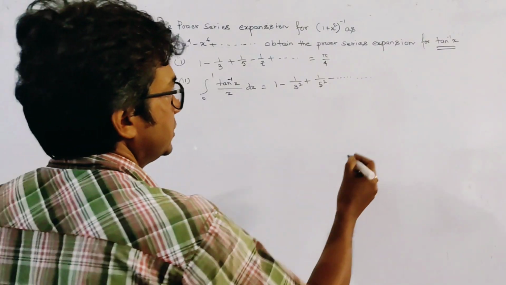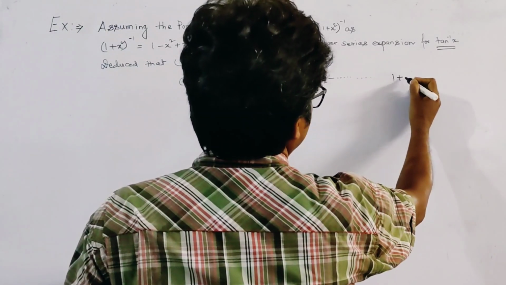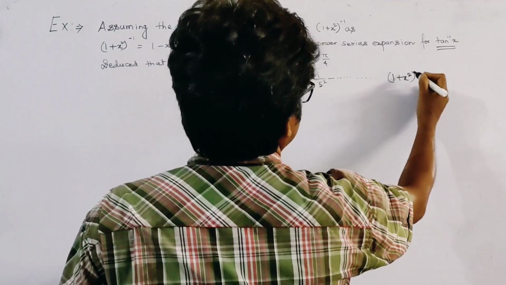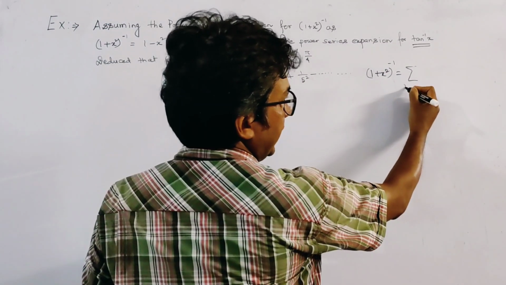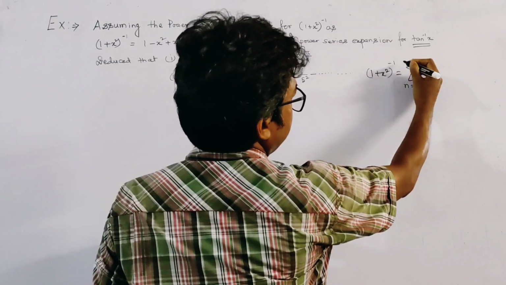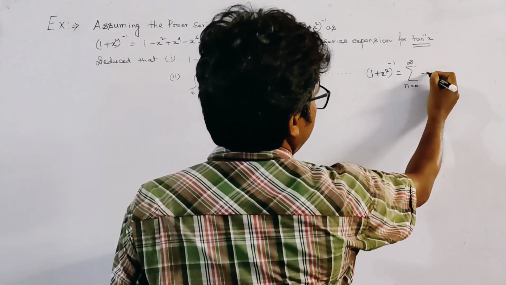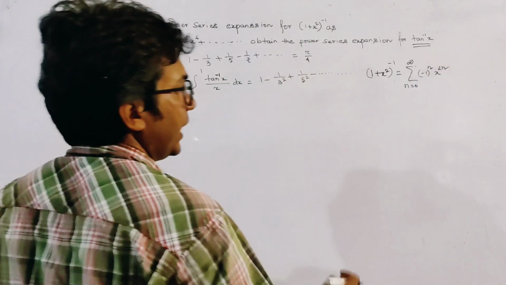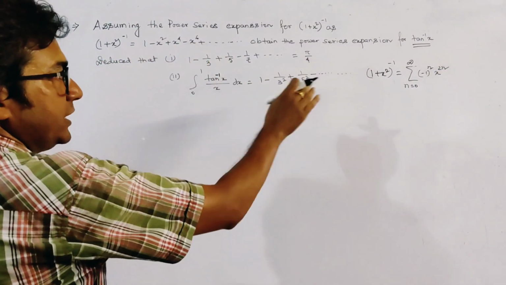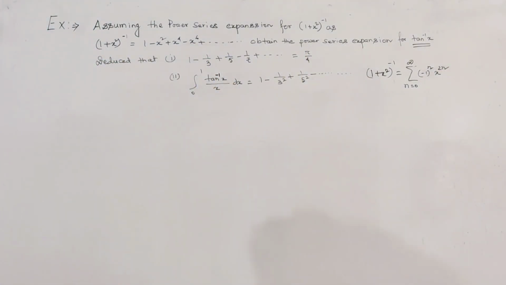If we write the power series, (1 plus x square) whole raised to minus 1, as the summation n equal to 0 to infinity of (minus 1) to the power n into x to the power 2n, we get the given series in compact form.